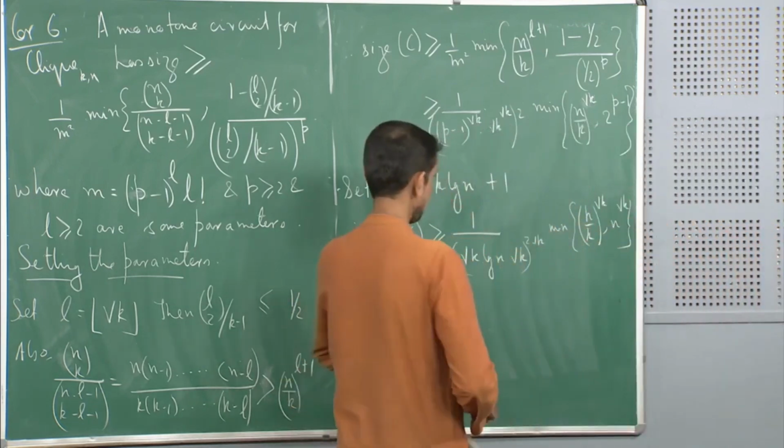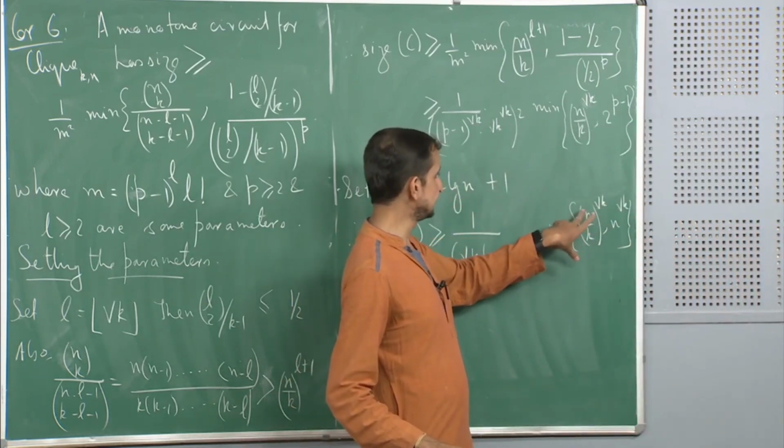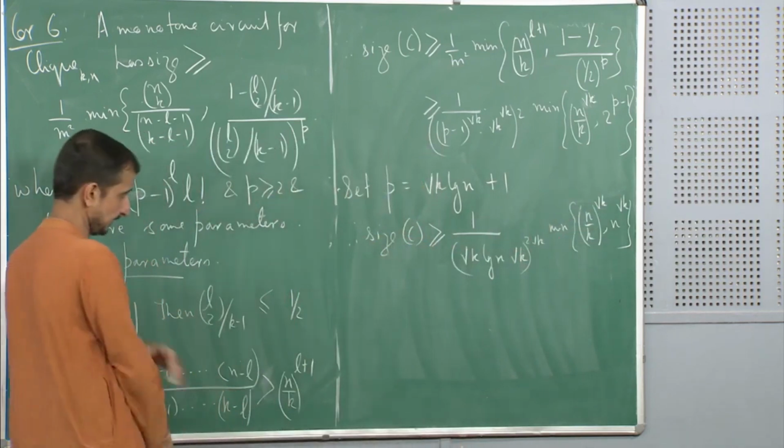Okay. So among these two quantities, it is easy to see that n by k to the power root k is the minimum.